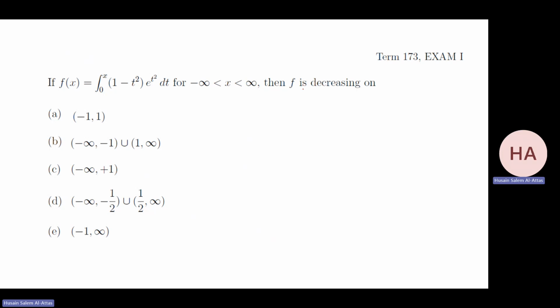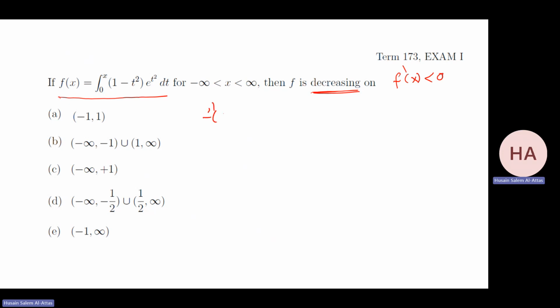Okay. Now he linked Math 101 with Math 102. When the function is increasing, f prime is positive; when it is decreasing, f prime is negative. So what I will do, we find f prime and I will check when it is negative, like what we did in 101. But to find f prime, I need the fundamental theorem of calculus.